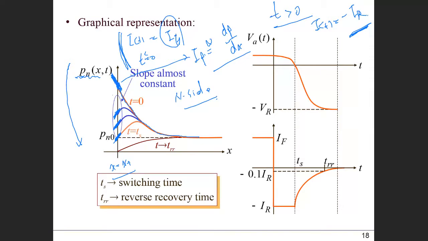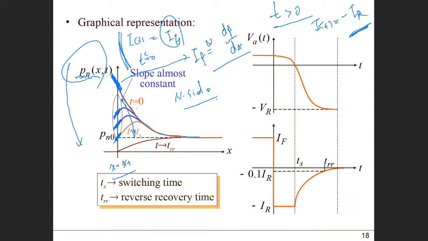During this time, as you can see, the hole concentration is getting smaller and smaller from forward bias. One thing we notice here is that the hole concentration cannot become 0 suddenly.